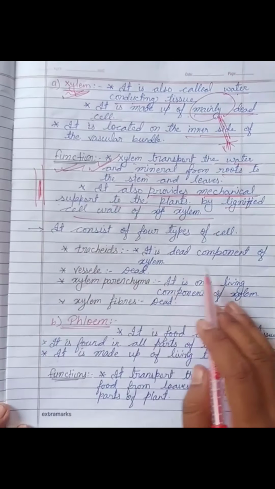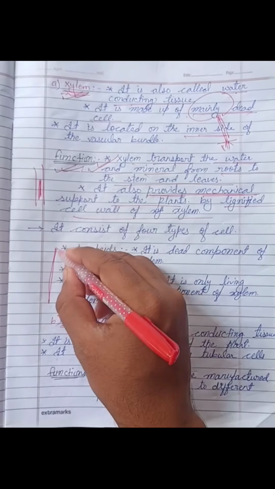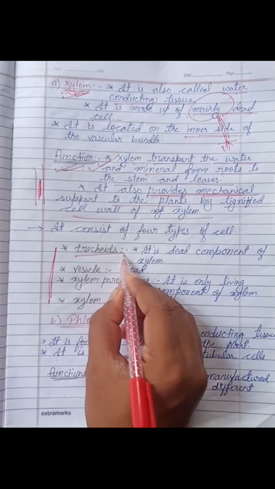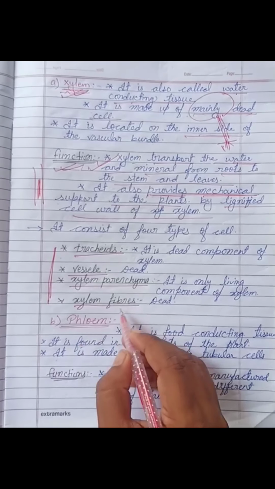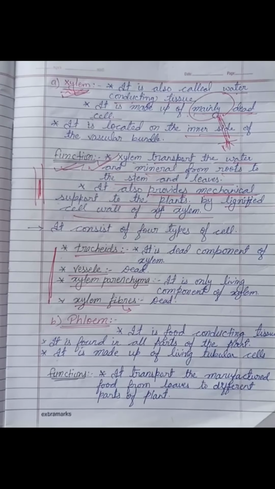Now you have to understand one more thing. The types of xylem are 4: tracheids, vessels, xylem parenchyma and xylem fiber, which is also known as xylem sclerenchyma. Is it okay?